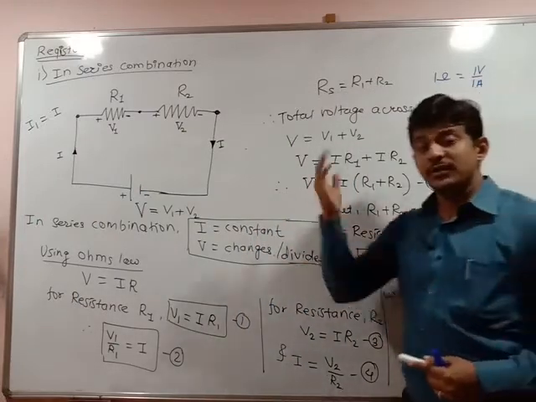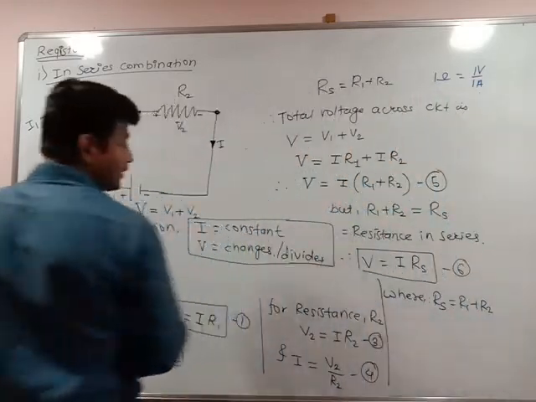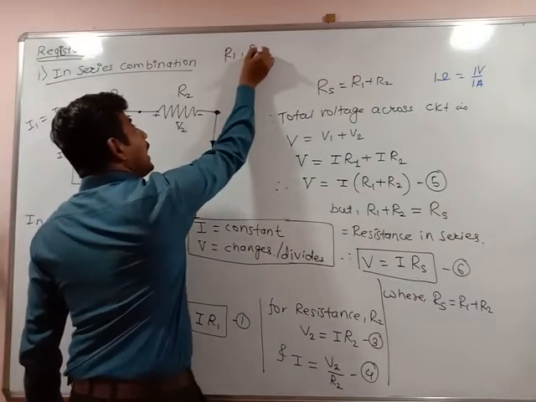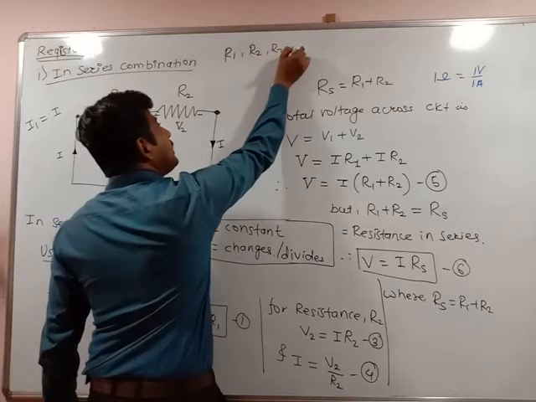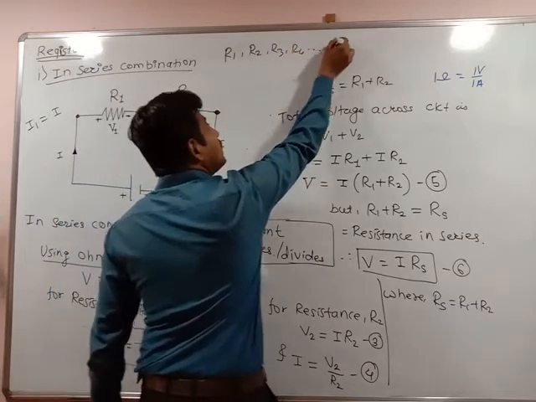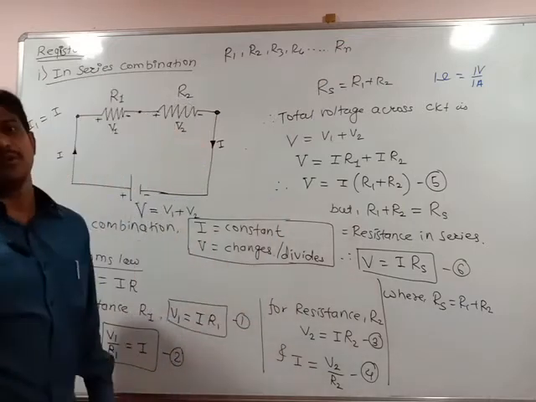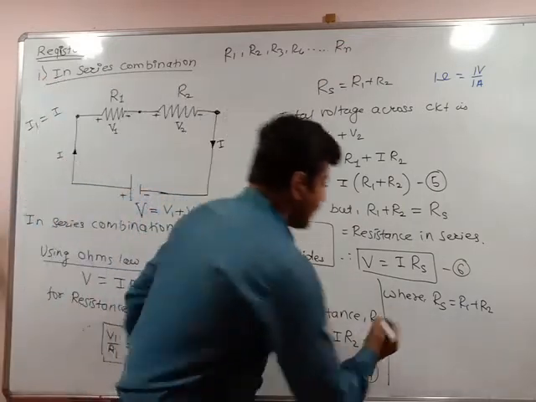If I use a number of resistances, R1, R2, R3, R4 up to the last resistance, Rn, then what is the total equivalent resistance?